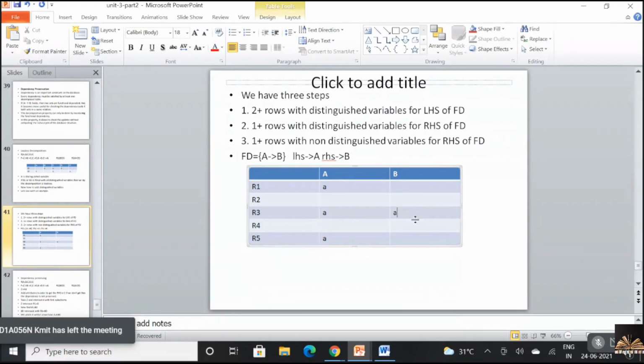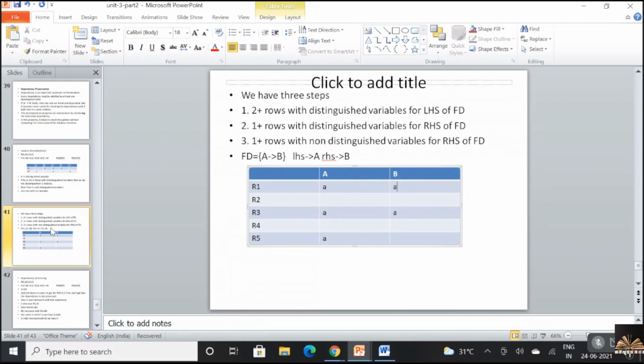I've got 4 rows with non-distinguished variables, not an issue. So all three rules are satisfied over here. If all the 3 rules or steps are satisfied, then I can add a distinguished variable. So this is the way I add a distinguished variable.